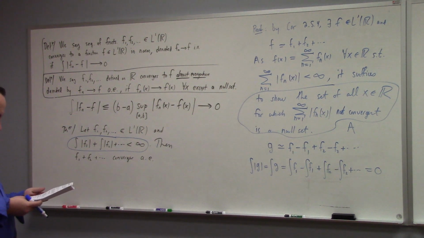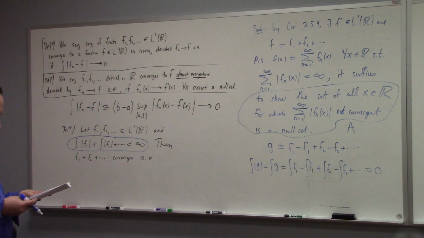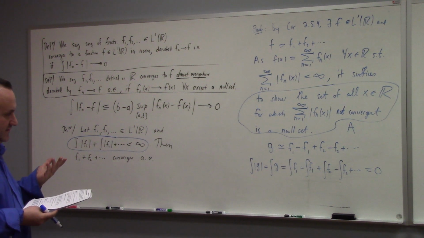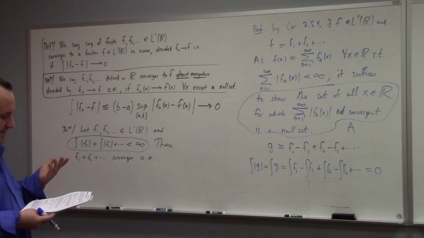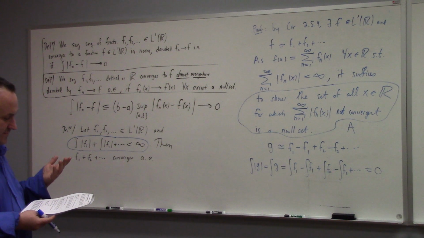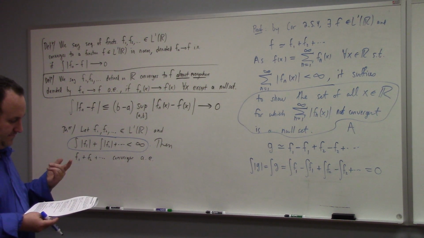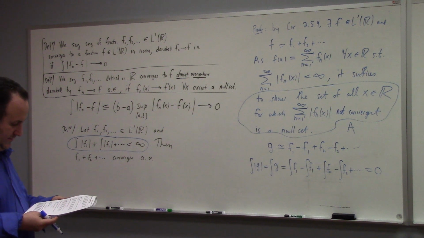Let me go back here for a second. It's a null set or a set of measure 0 if its characteristic function is a null function. So you're saying G is the characteristic function? I think G is the characteristic function. Yeah, so let's see.